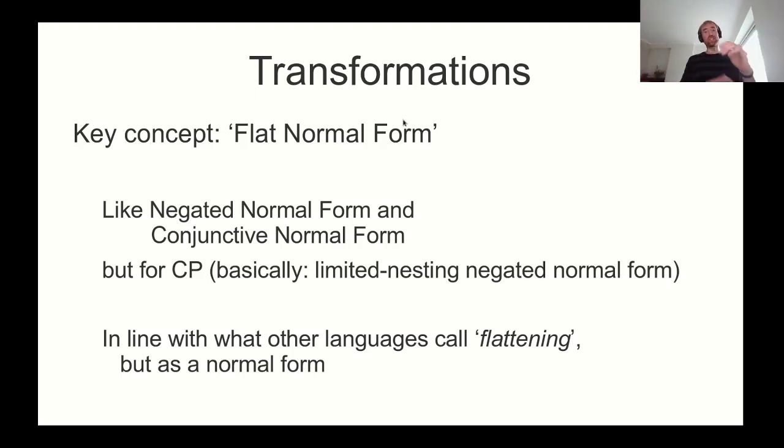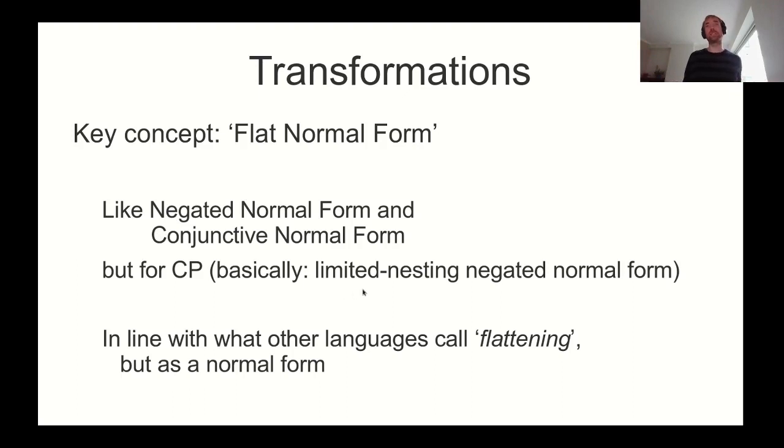As for the transformations, there's actually much more to say about transformations than I can in this tutorial. The key concept of the transformations is that of a flat normal form. If we look at Boolean satisfiability, they have these nice normal forms like negation normal form or conjunctive normal form. Basically, the flat normal form is a similar kind of normal form, but for CP.